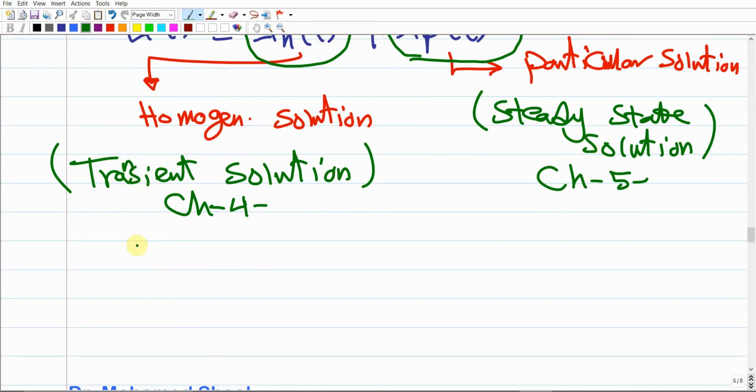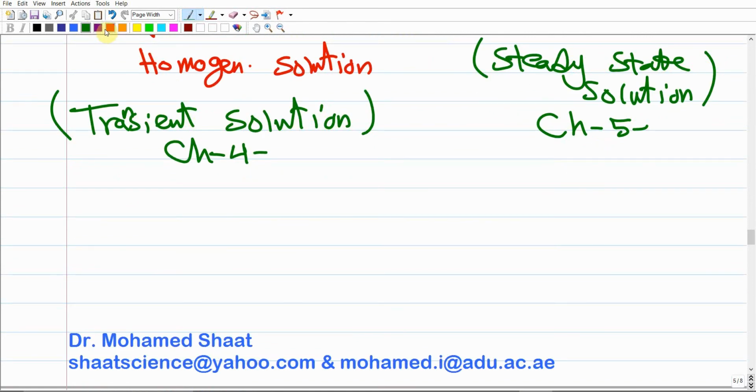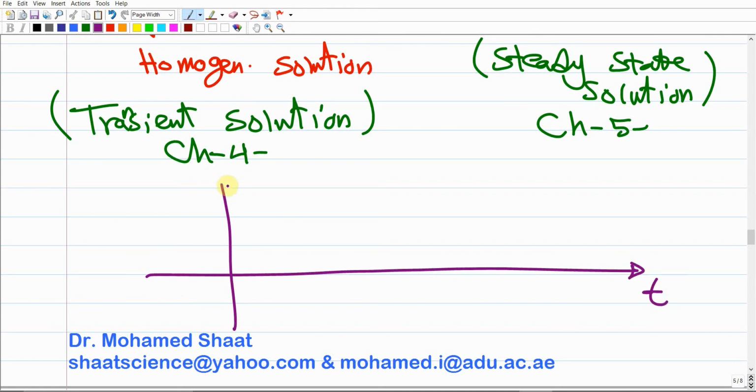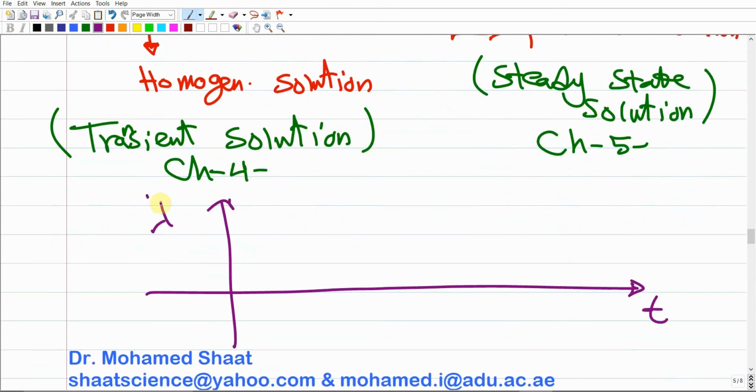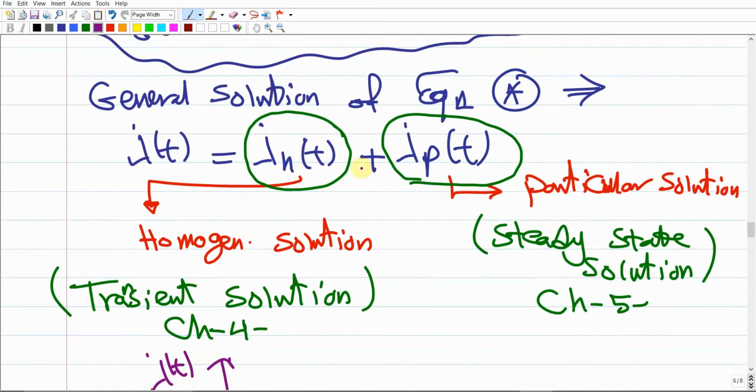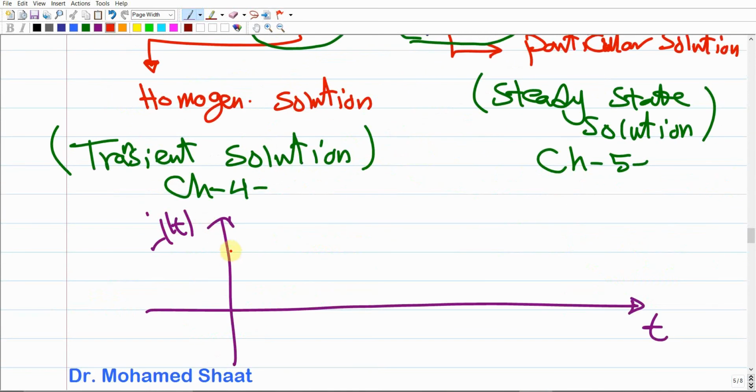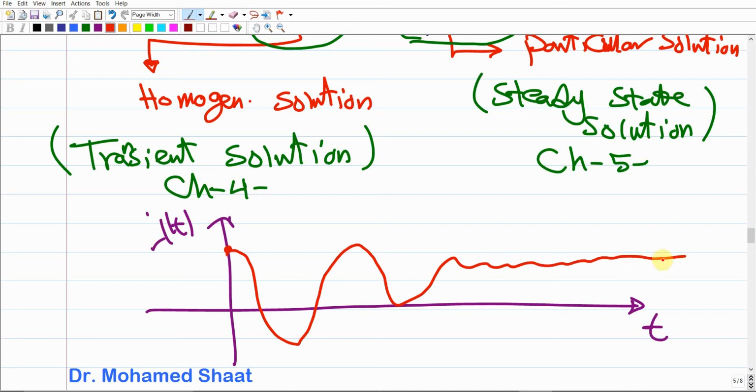So generally, since we brought in the transient and the steady state solution, let me give you a tentative shape, a rough schematic, of this I of t, the total current over time. Because of the homogeneous solution, initially the time starts with some initial value. The current deviates over time until it becomes stable.